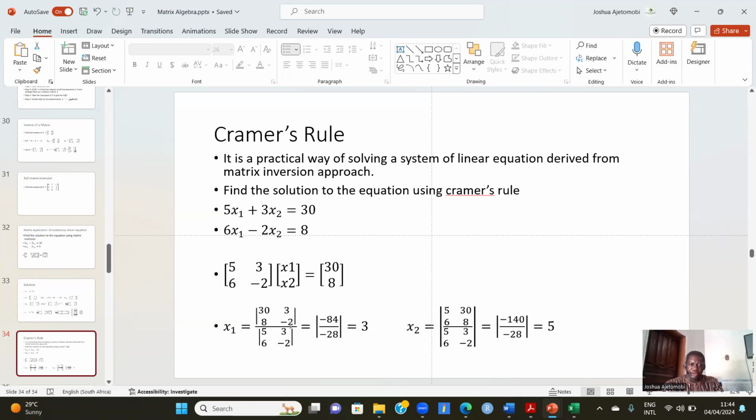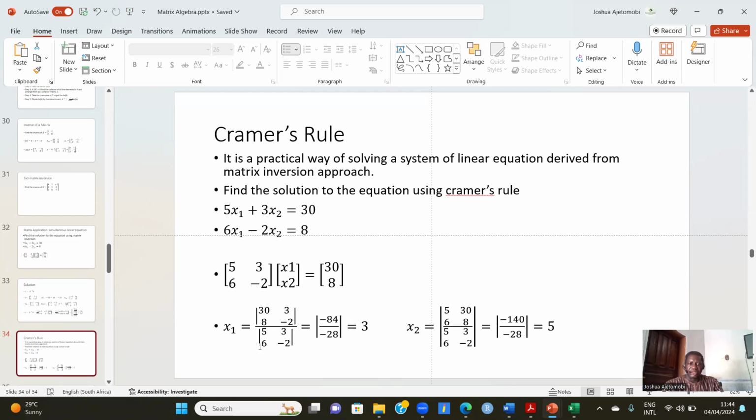30 multiplied by minus 2, that's minus 60, minus 24, that's minus 84, just like what we obtained before. Well, we already know that the determinant will give us minus 28, and that is 3. To get x2, it's straightforward. For x2, you replace the second column by this product. Let's see, 5, 6, this.